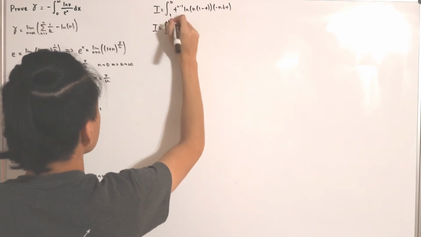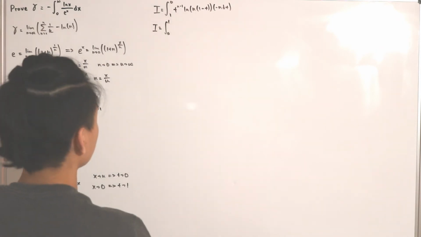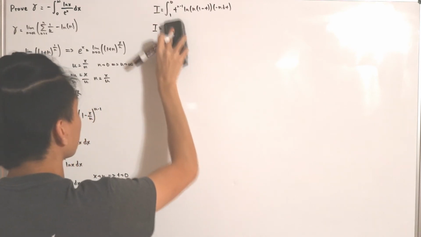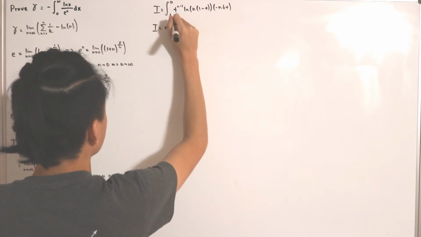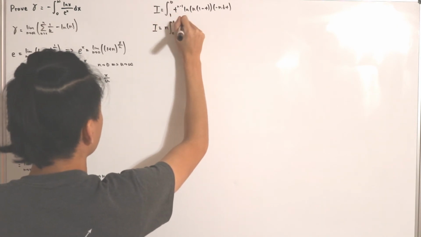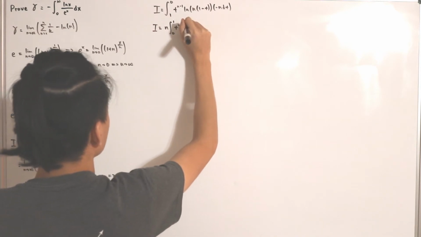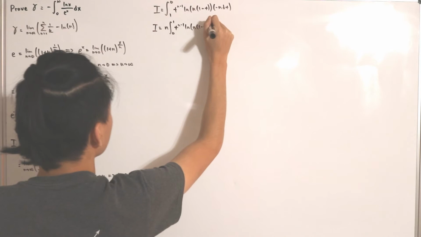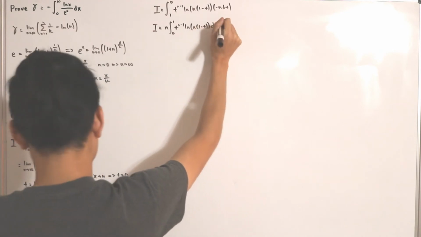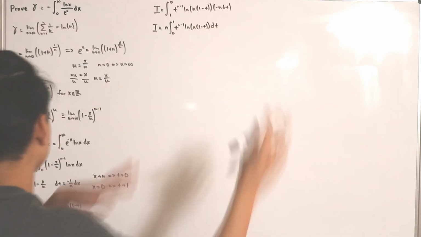So let me move the n outside first. This means I is equal to n multiplied by the integral from 0 to 1 of t to the n - 1, multiplied by ln of n times (1 - t) dt. Oh, I forgot to write the limit too, but that's okay.